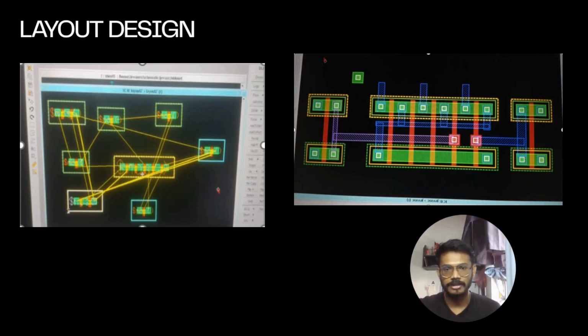But the attempt was unsuccessful because, as you can see in the picture on your left, it is haywire and all messy, the connections, everything. So we decided to do the layout from scratch, and the picture on your right is the layout that we did from scratch.